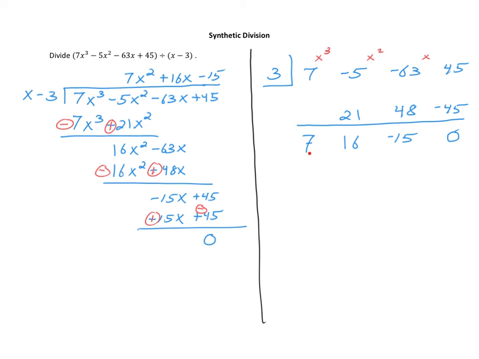Down here, this is now the x squared, the x, the constant term, and the remainder, which is exactly what is sitting right here. So this is the 7x squared, this is the 16x, the 15 is the constant, and this thing is the remainder, which is in fact 0. So to get your final answer, the final answer is 7x squared plus 16x, and then minus 15.